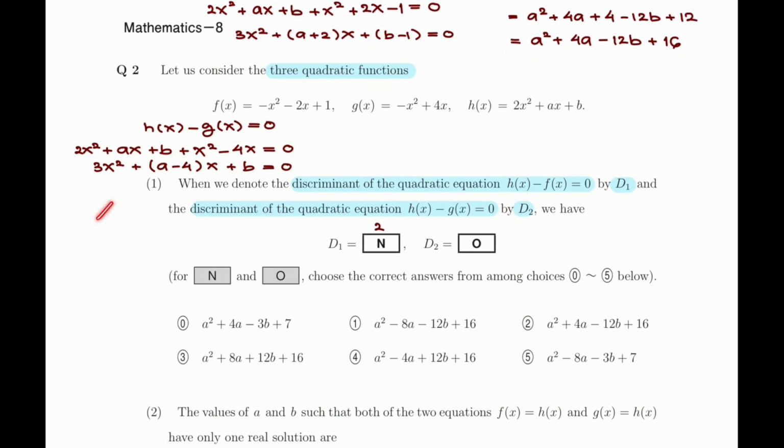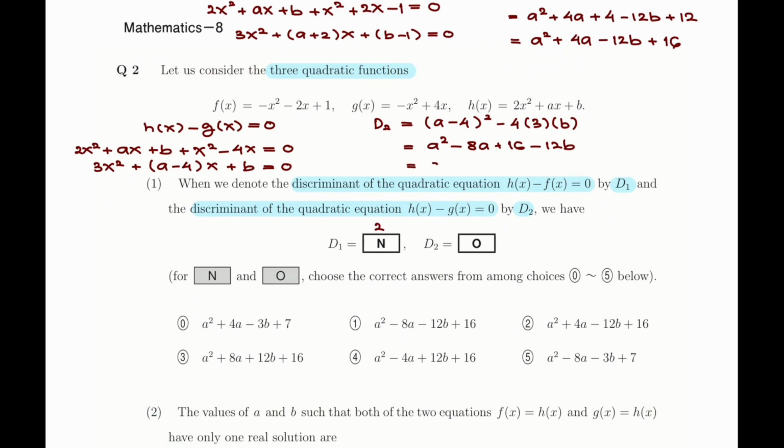Once I got this quadratic equation, I can find the discriminant by using the same formula as earlier, b squared minus 4ac. So I will get a minus 4 squared minus 4 times a times c. By expanding the bracket, I will obtain a squared minus 8a plus 16 minus 12b.